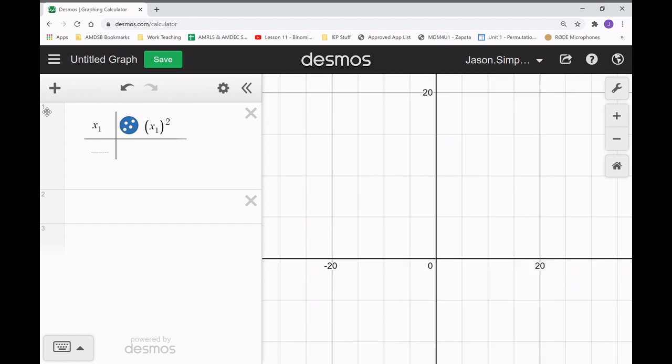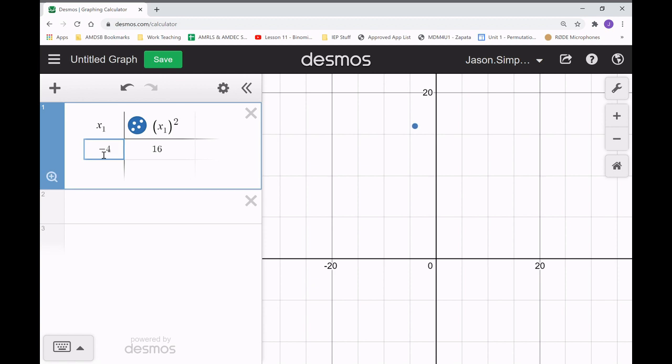Notice when I punch in -4 into this bracket, it automatically creates the value, right? So if I punch in -4, I'd have to put a -4 in a bracket squared, and you get that. So this is our first point, -4, 16.